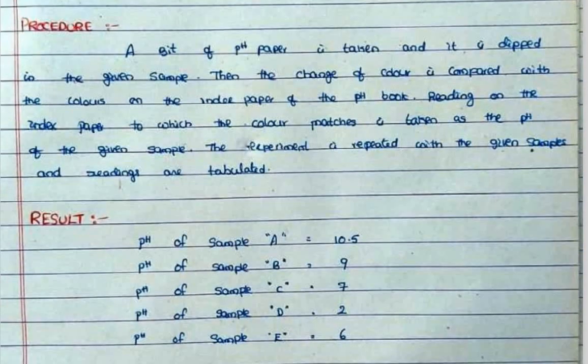After that, procedure: a bit of pH paper is taken and it is dipped in the given sample. Then the change of color is compared with the colors on the index paper of the pH book.